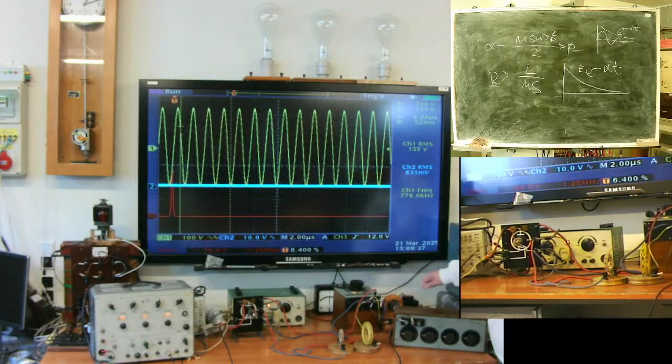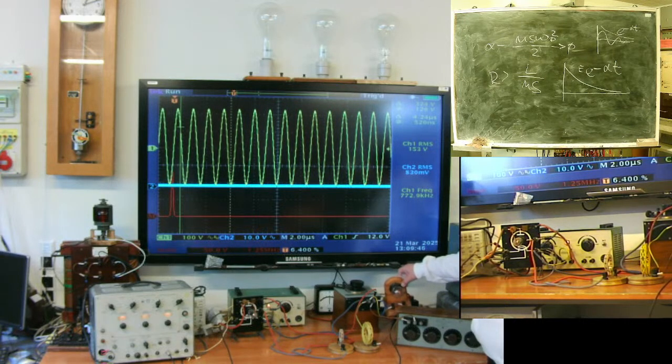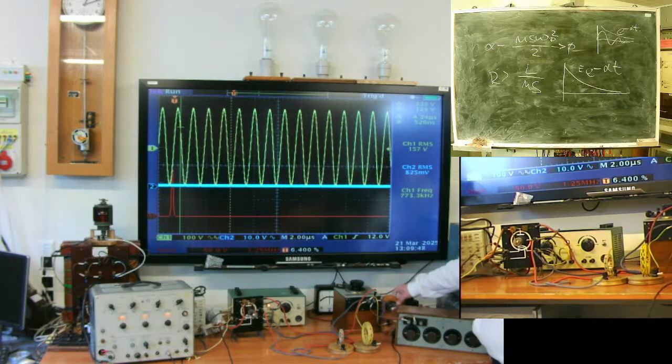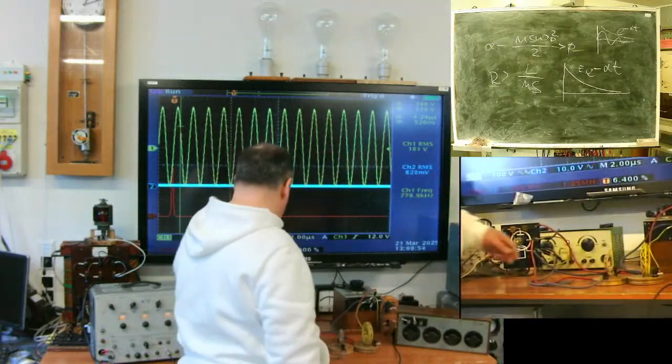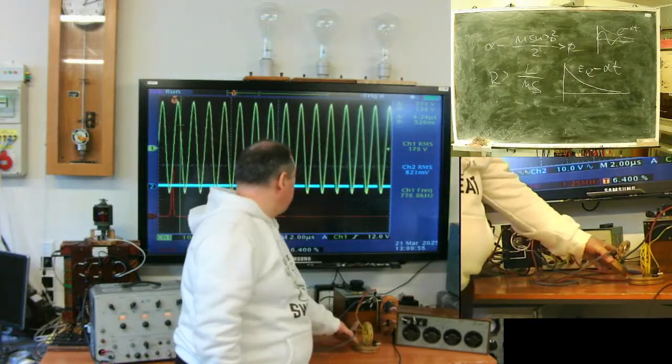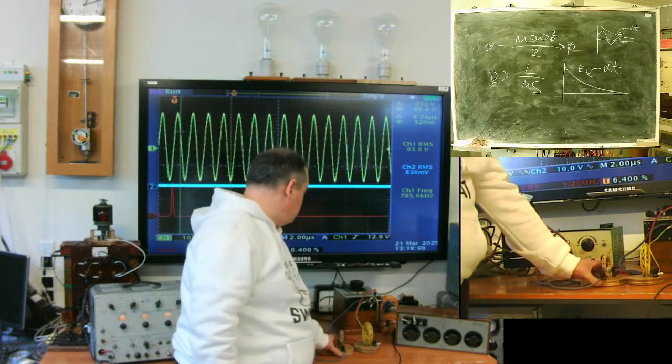Because I have a current limiter. See? My neon acts as a limiter. Without it, at this moment, the voltage can reach 200 volts, something like this. Okay, 191.